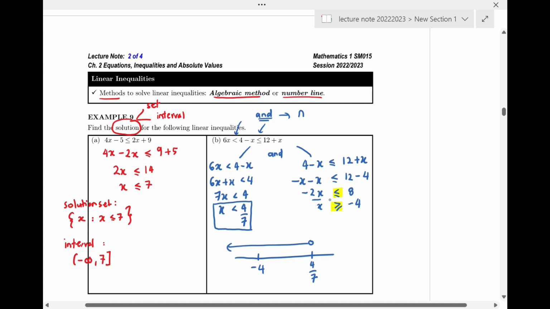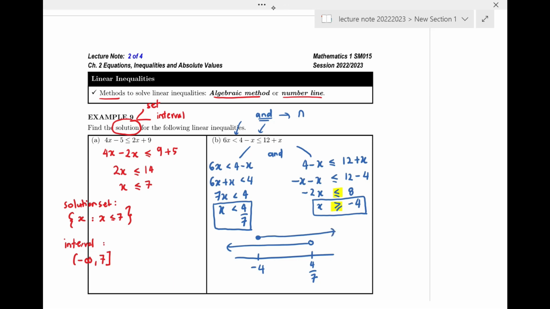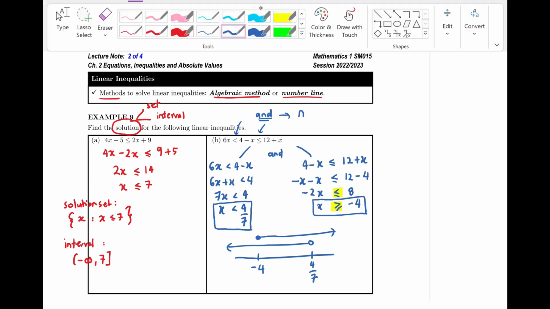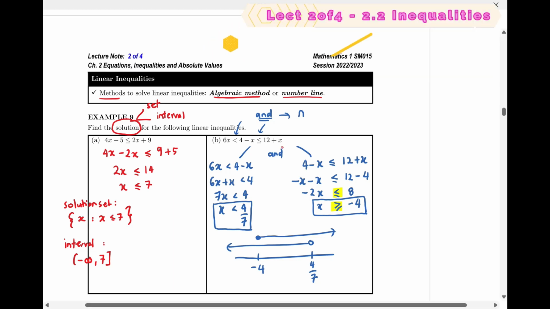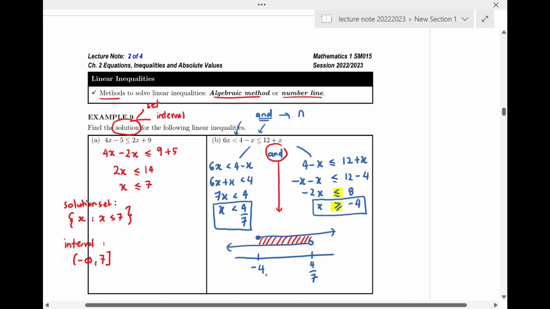And another one, we have x greater than or equal to negative 4, so a filled circle, greater than or equal to negative 4. Since 'and' means intersection, we intersect the two lines. So our answer is actually between these two numbers.